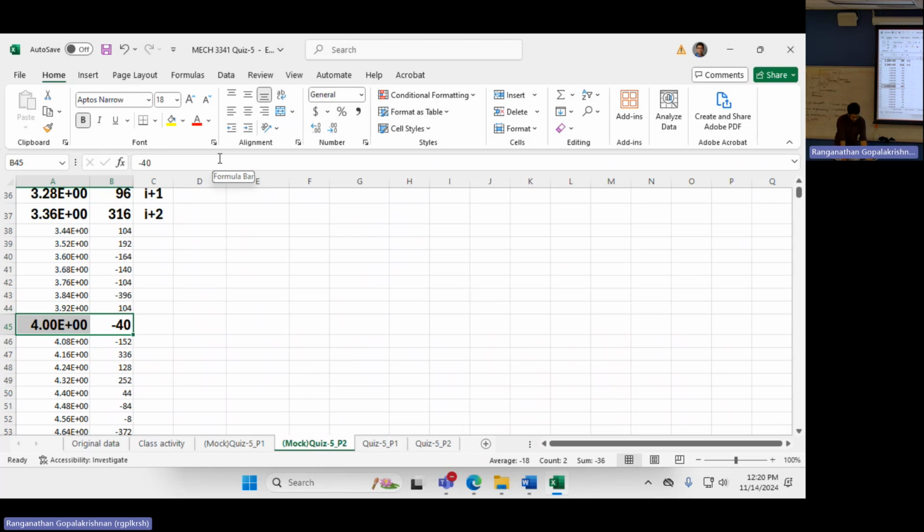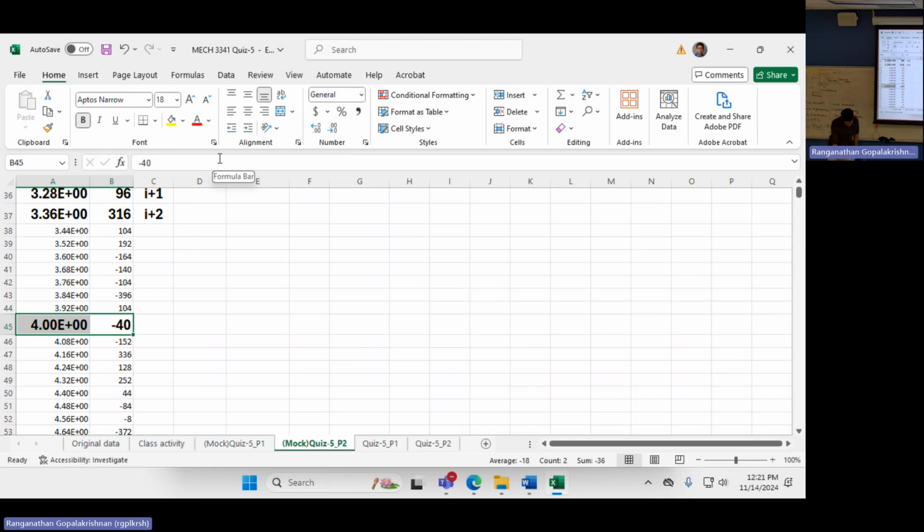The table you need to look at is 23.3, which is on page 657. f double dash of xi equals f xi plus 1 minus 2 times f xi plus f xi minus 1 divided by h squared.